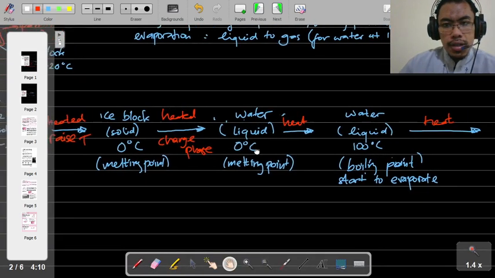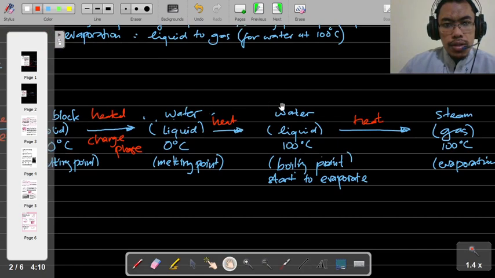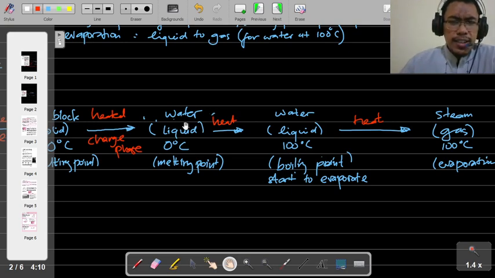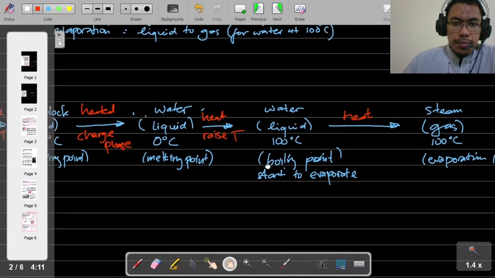And then this is water, and it's still water, so it has same phase, also liquid, and the heat is used to raise the temperature from 0 degree of Celsius to 100 degree of Celsius. So in this case the heat will be used to raise temperature.